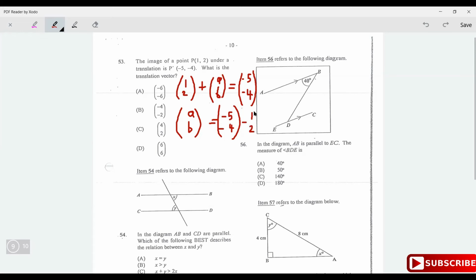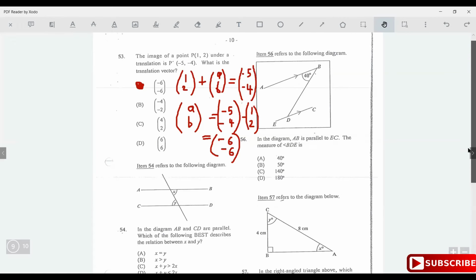All right, that will give us the translation vector. Now, -5 minus 1 is -6, and -4 minus 2 is -6. And so the translation vector is -6, -6. That's a translation vector. Nice and easy.